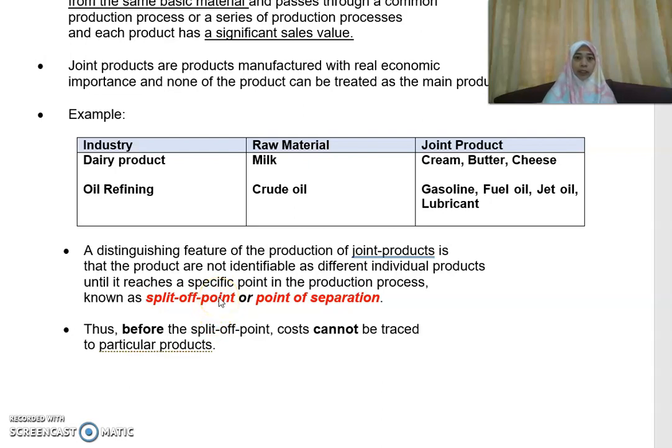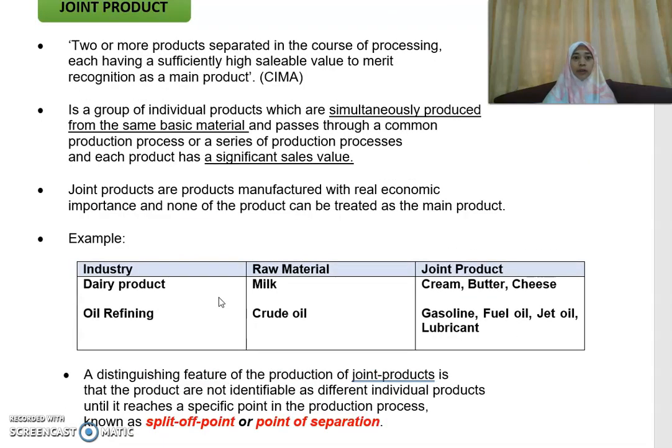So what's the issue for your joint product? Joint products come out from the same basic materials and the same production process. Normally each of these will have a significantly high sales value. Before the split off point, you cannot identify the cost for each of these products.